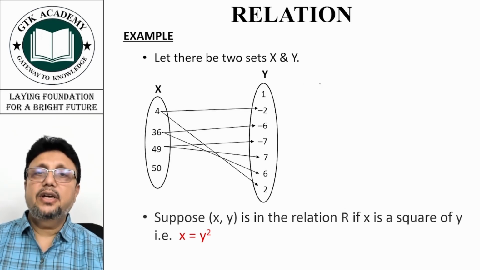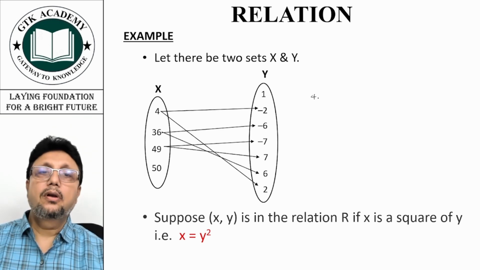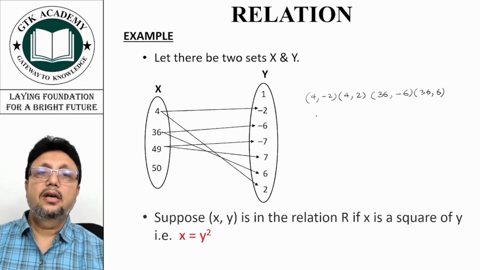So this relation can be written as (4, minus 2), (4, 2), (36, minus 6), (36, 6), (49, minus 7), (49, 7).